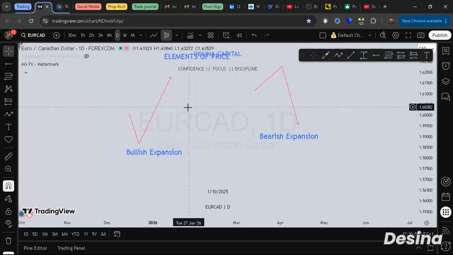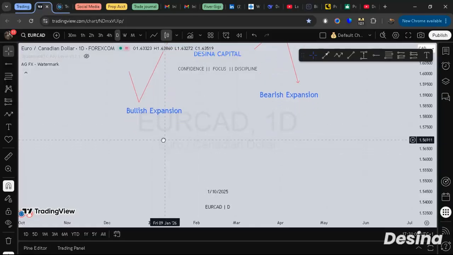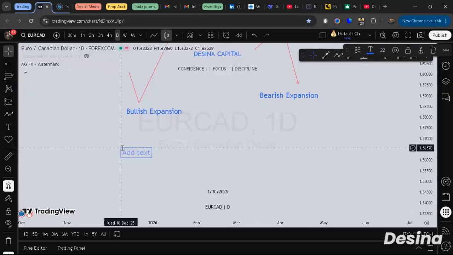Each of these elements of price has its reference point. The reference point for an expansion means their core, what really triggers them or what really makes them come into existence. So for an expansion, the reference point is going to be other blocks.